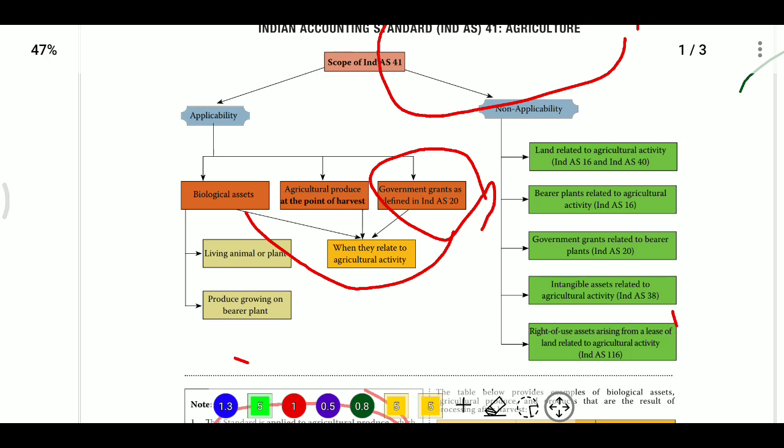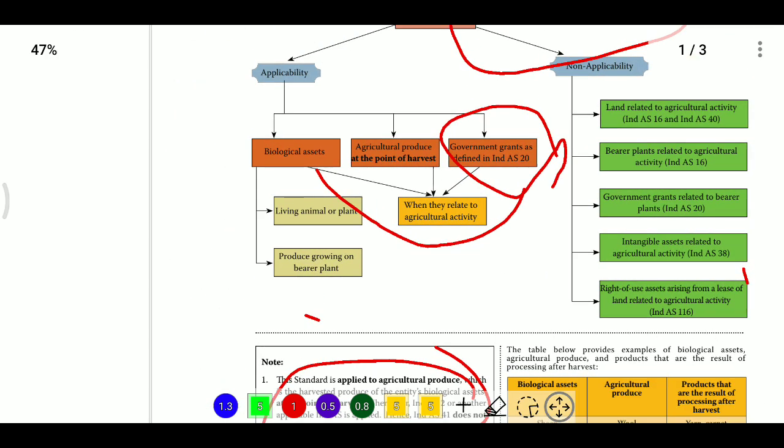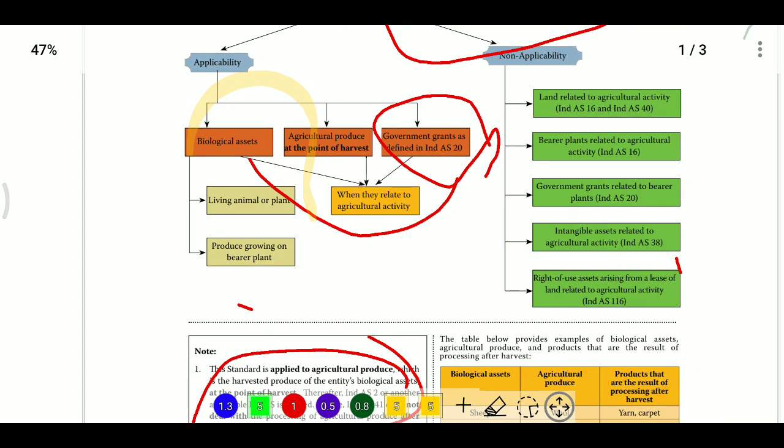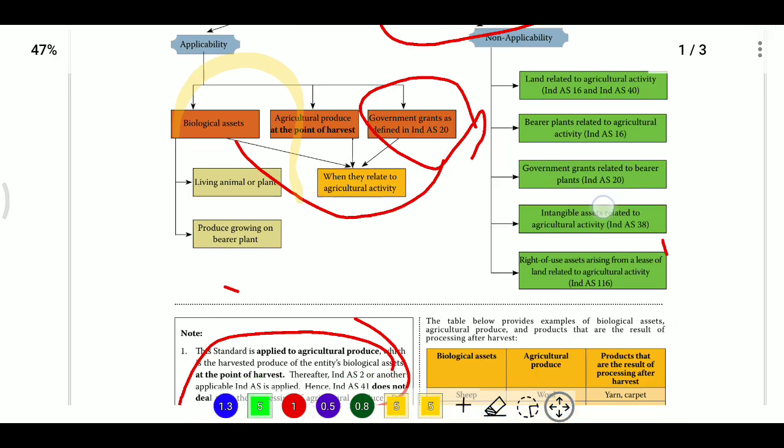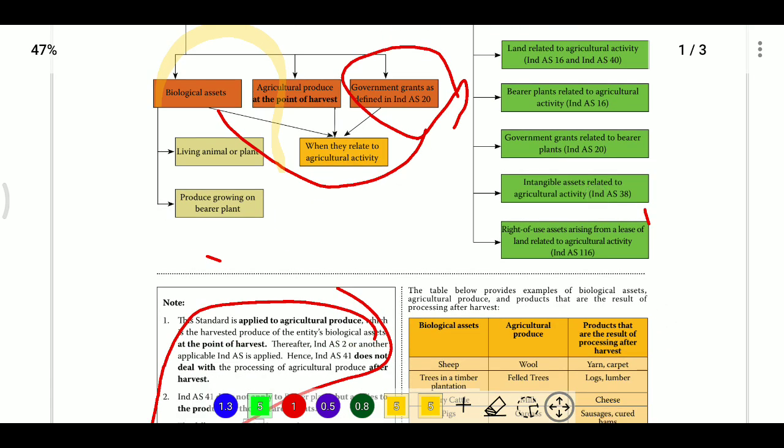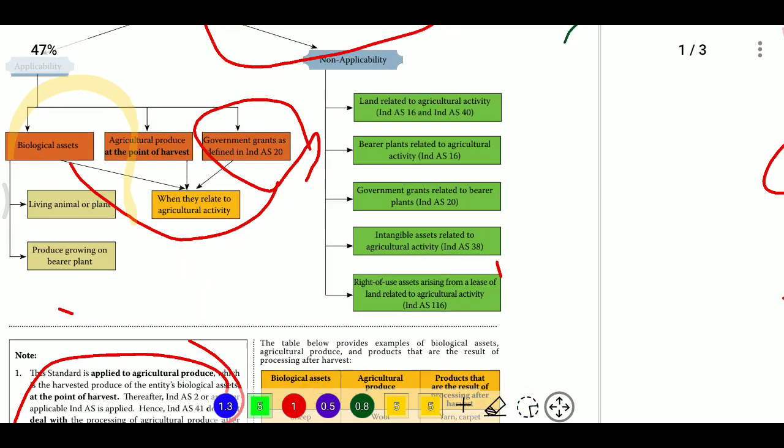Agriculture produce means the harvested product from a biological asset. Whatever we produce from this biological asset becomes the asset. We also discussed government grants on biological assets. This Ind AS does not apply to items like PPE, bearer plants, intangible assets, and some other assets.